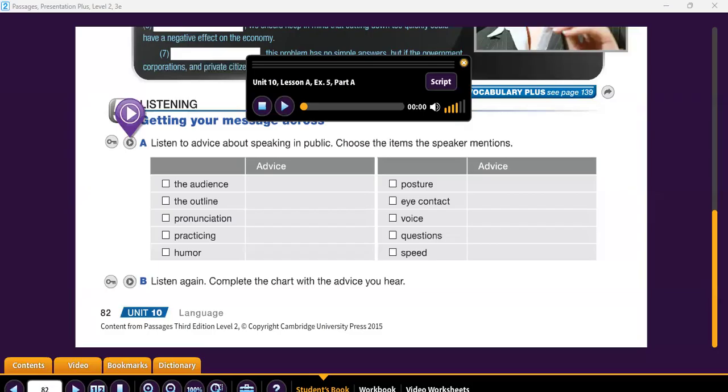Okay, what about the outline? The advice is to create an outline that contains your principal ideas for your introductions and then the conclusions, that it doesn't have so many details.